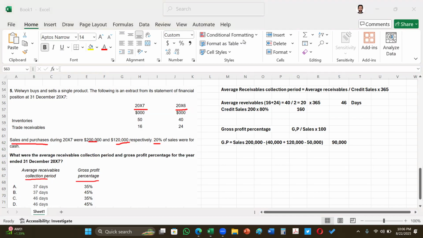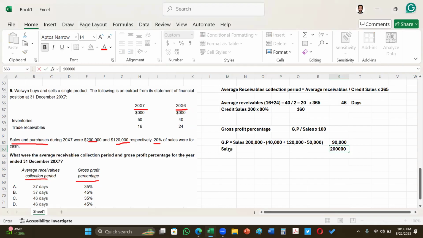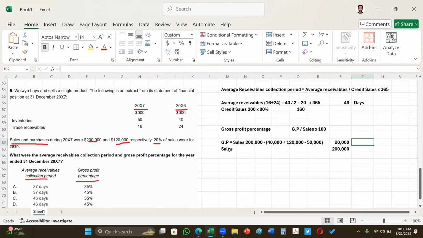The cost of sales is 110, the gross profit is 90, and the sales is 200. I hope I'm doing the calculation right, and I multiply that by 100.